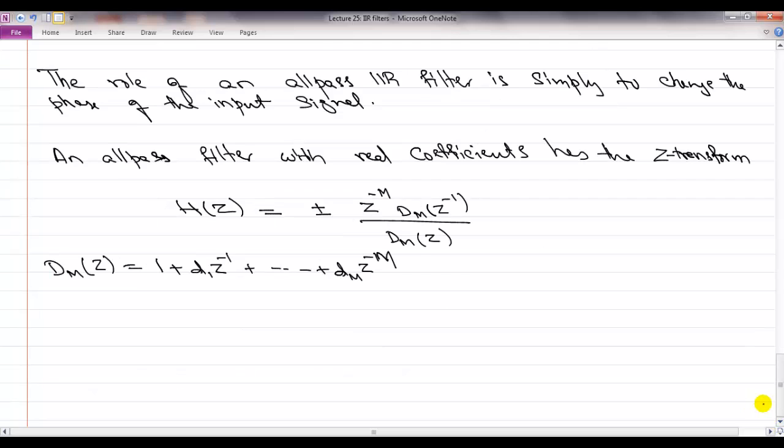Now, you can do the evaluation of this Z transform or try to come to the condition. I'll give you the condition directly. By looking at the pole-zero diagram, just like, for example, the case of linear phase FIR filters, we looked at, they must have a special structure of their zeros to ensure that they are linear phase. Similarly, an all-pass IIR filter must have a special structure of its poles and zeros to ensure that it is an all-pass filter.